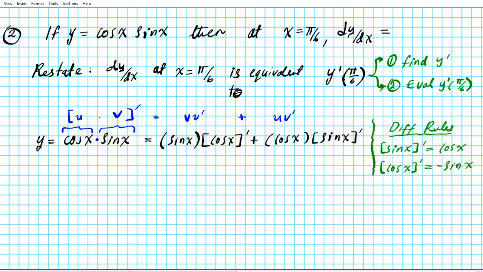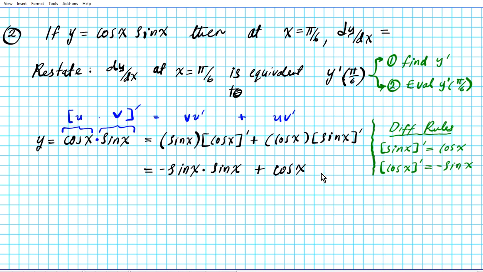Okay, now let's go ahead and apply these two differentiation rules to the problem. So we have sine x. The derivative of cosine is just negative sine. So I could put the minus in front here, and then you have minus sine x plus cosine x.